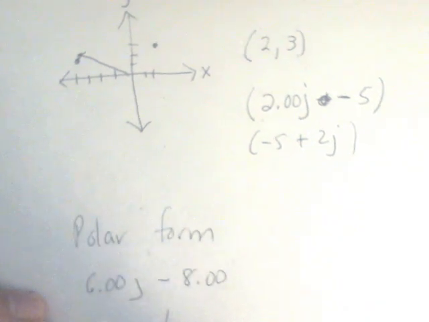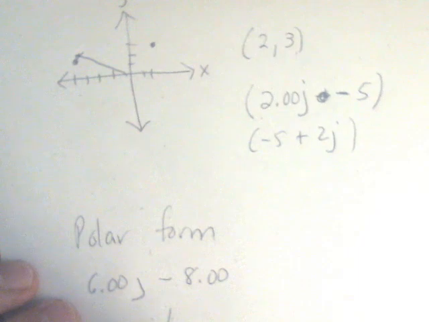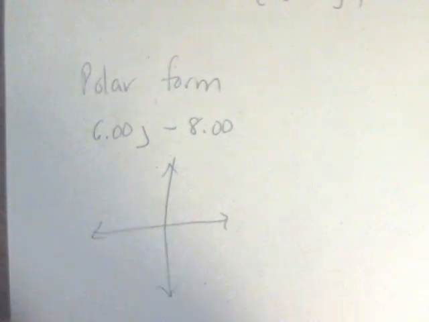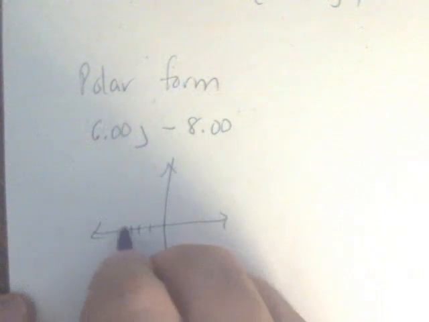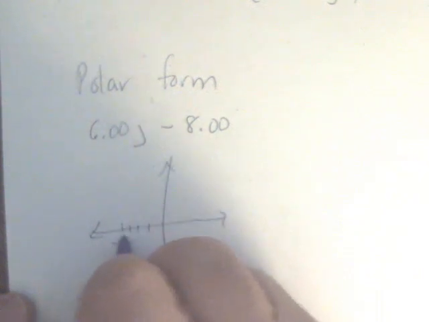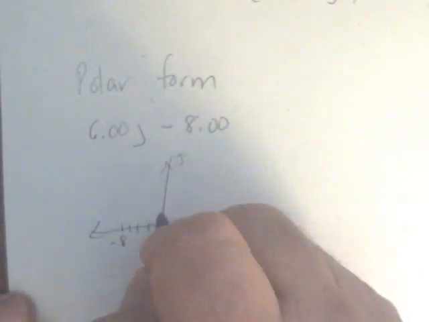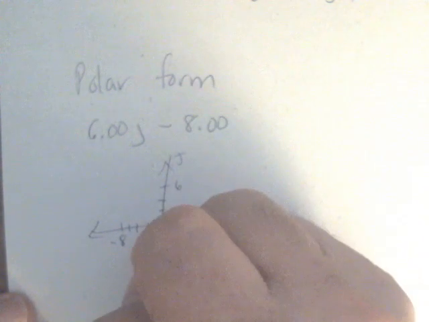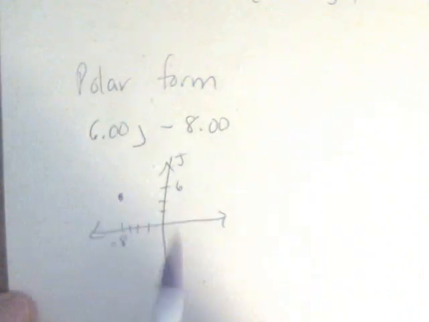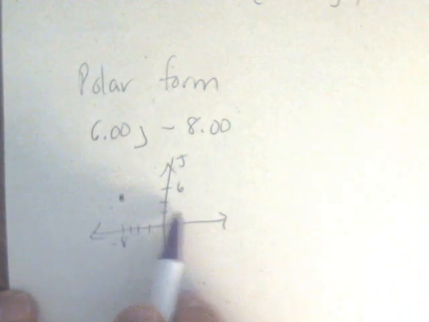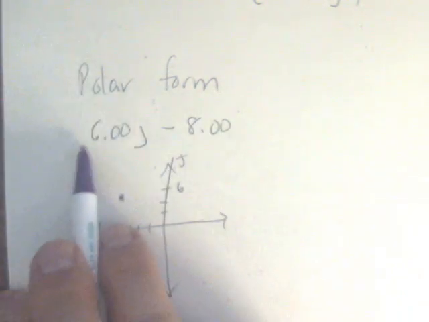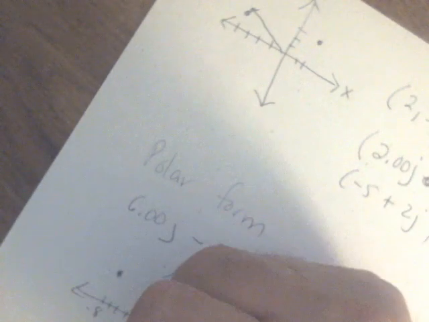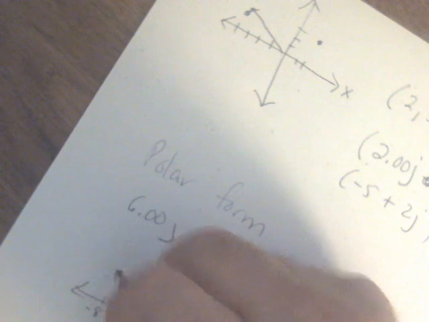And they give you multiple choices as to where it is. So if I'm looking at this point here, 6j minus 8, again, this is your x, this is your y. So I go left 8, up 6, and then your drawing is going to have an arrow there.